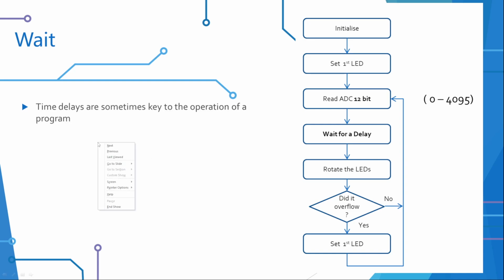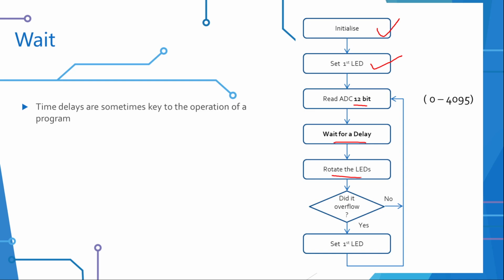It looks like this. We're going to start and initialize the chip. We're going to set the first LED. Then we're going to use the 12-bit ADC read, and use that for our delay. Then we're going to rotate the value, so we rotate the LEDs. I'll show you how that works.